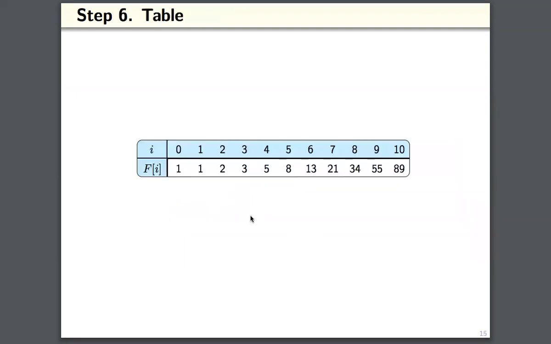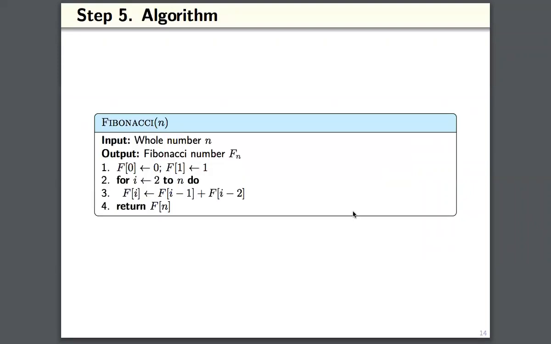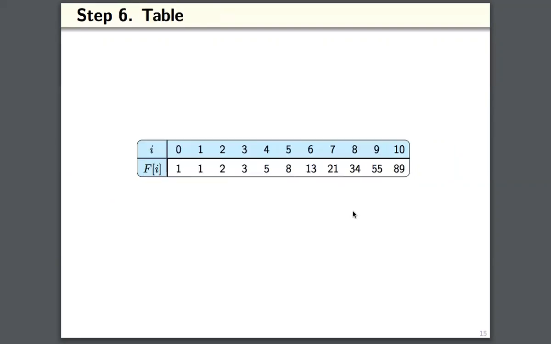Done. Table, you know this table, right? This is for, say, all numbers I from 0 to 10. Professor, I think the table has a problem, there is a misalignment, because you define F1 as 1 and F0 as 0.